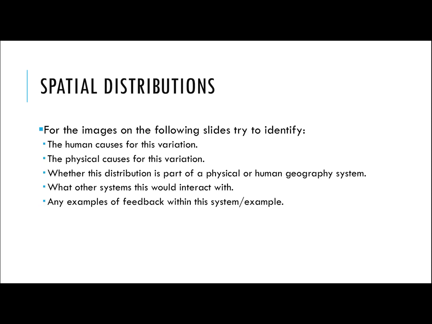And I'm going to show you a number of images, and you can go through this in your own time, to identify for all these different spatial distributions what the human causes were, what the physical causes were, whether that distribution is part of a physical or a human geography system, what other systems it would interact with, and if there are any examples of feedback within this system.